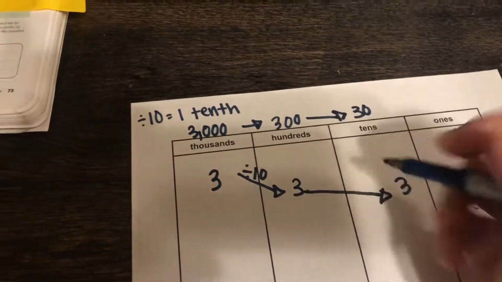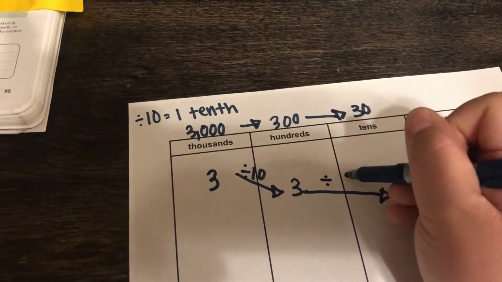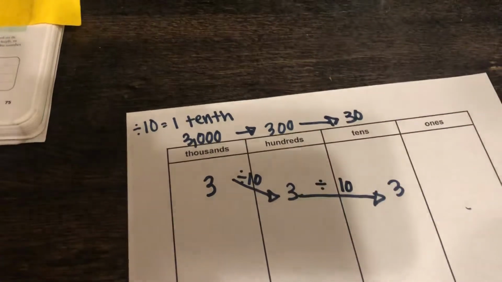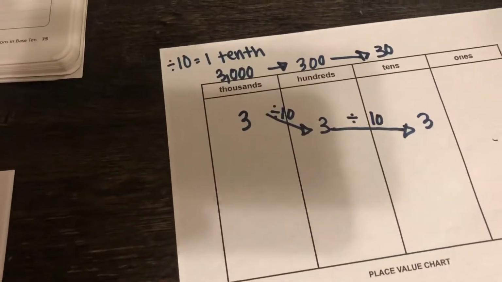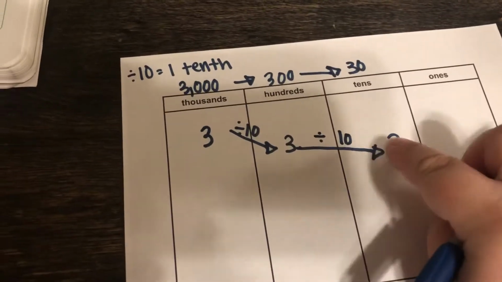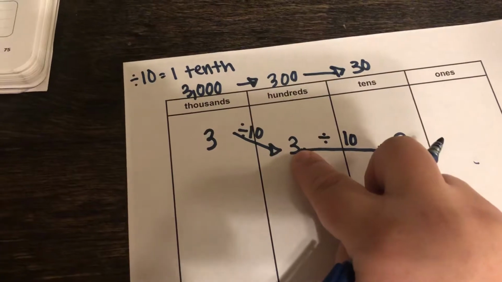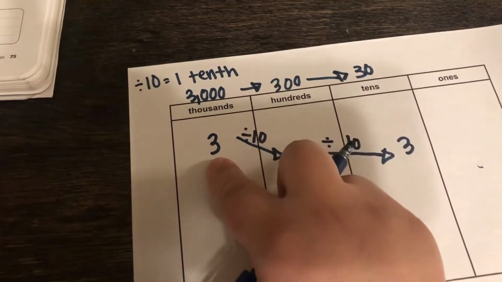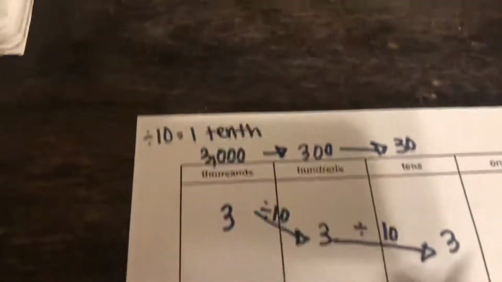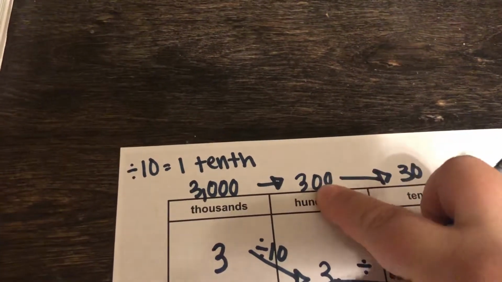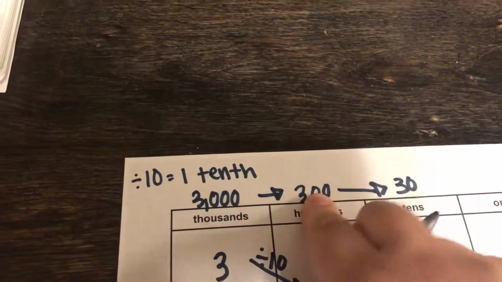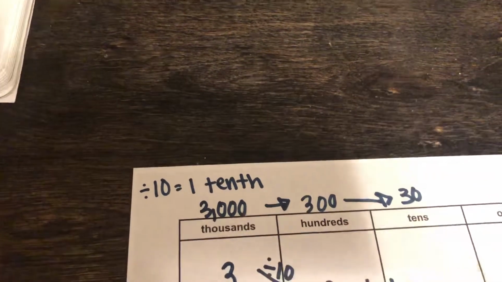If this line we had to divide it by 10, this line you also need to divide it by 10. So this number is a tenth of this number, and this number is a tenth of this number. So if you look up here, 30 is a tenth of 300, and 300 is a tenth of 3,000.